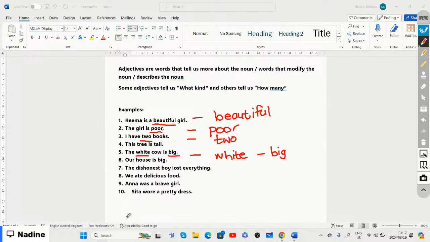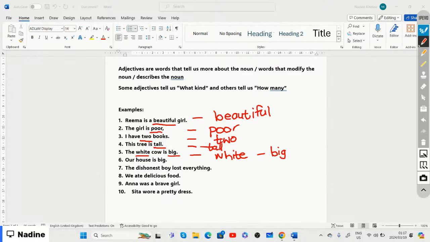So we can then say that this tree is tall because it basically tells us what kind. It does not tell us how many. It doesn't tell us the 5 trees are tall, or several trees are tall, or a lot of trees are tall.